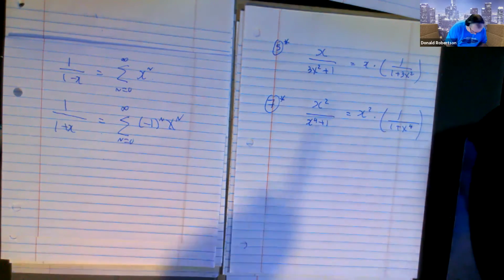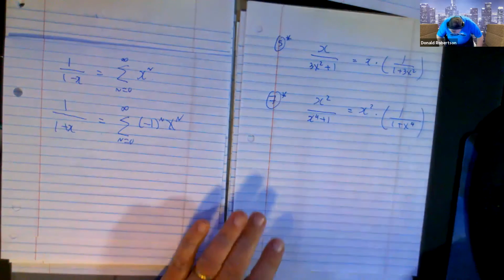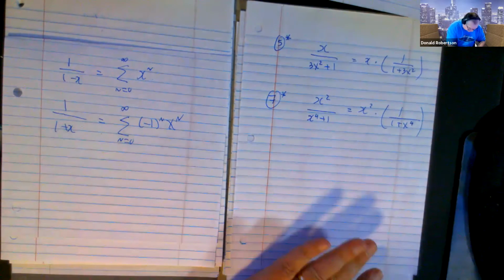Okay, so whoops, that's one piece of the types of questions that you're going to be asked. Now we're going to do something a little bit different. Suppose I have a power series. Maybe I got it from one of these fractions. And it looks like this fella here.